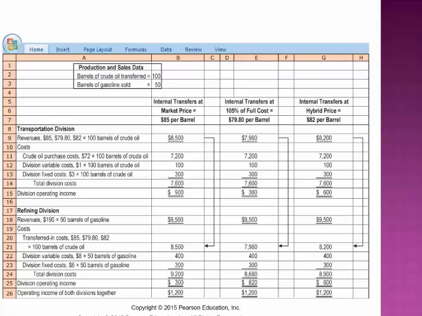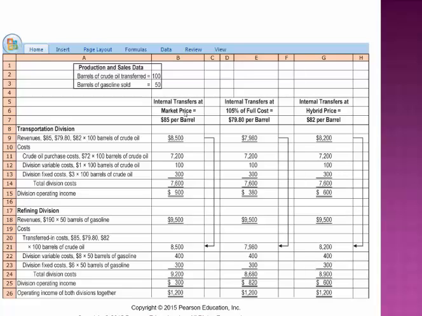All right, if we set those up, you can see that the first column, B, shows the effects of setting the transfer price equal to the market price at $85 per barrel. What would the results be for the transportation division, and for the refining division?